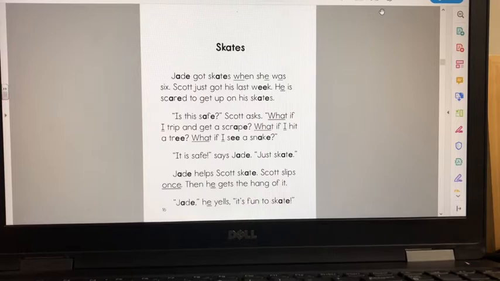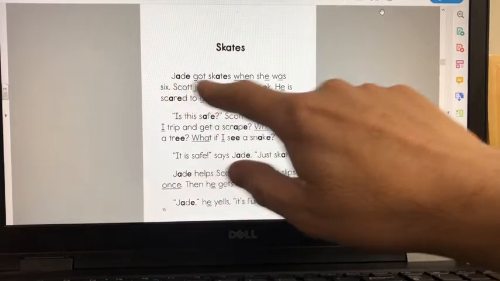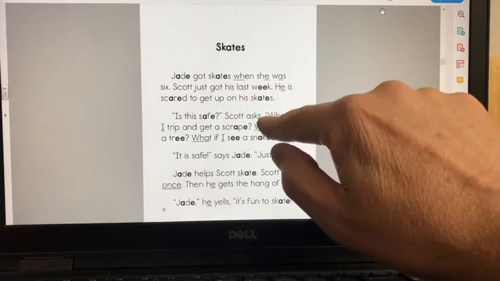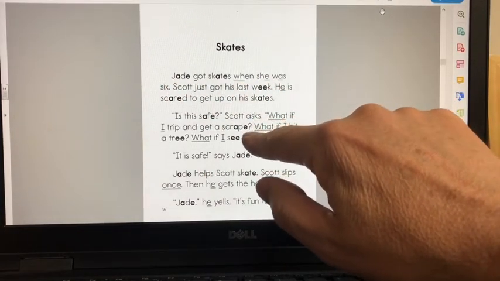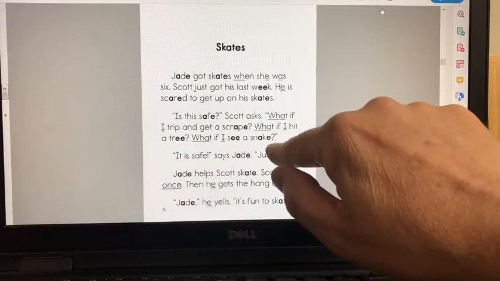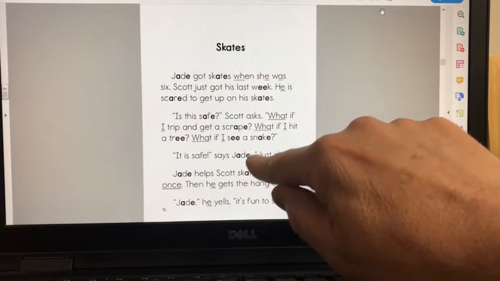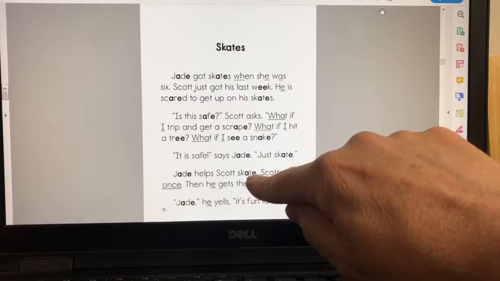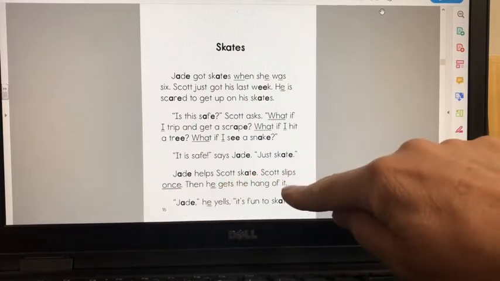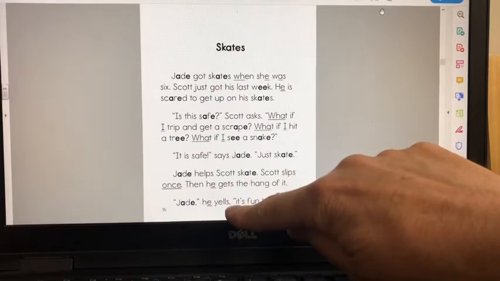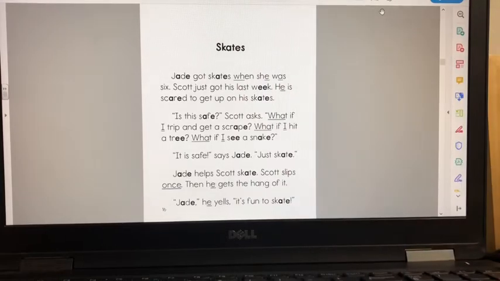Okay, now how many sentences are there? Let's count the stop signs. 1, 2, 3, 4, 5, 6, 7, 8, 9, 10, 11, 12, 13. There are 13 sentences on this page.